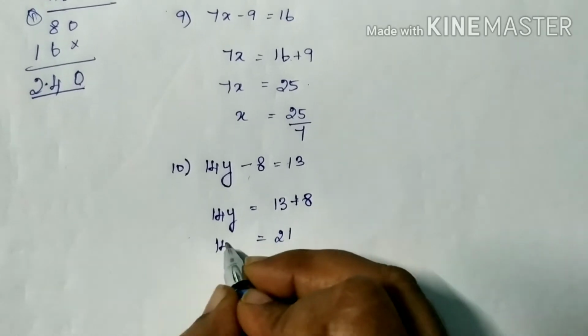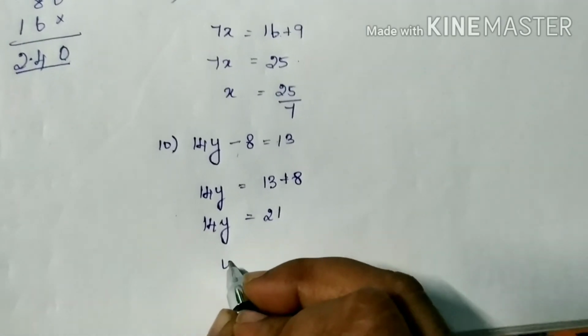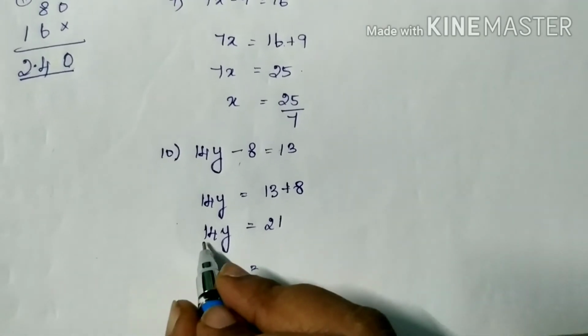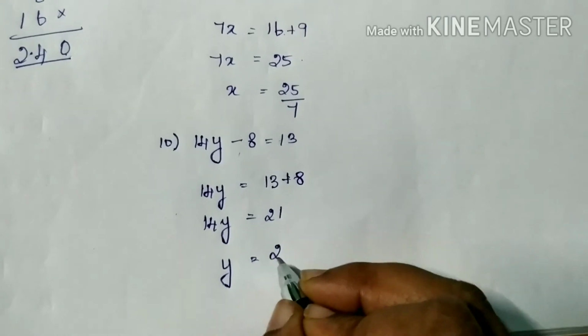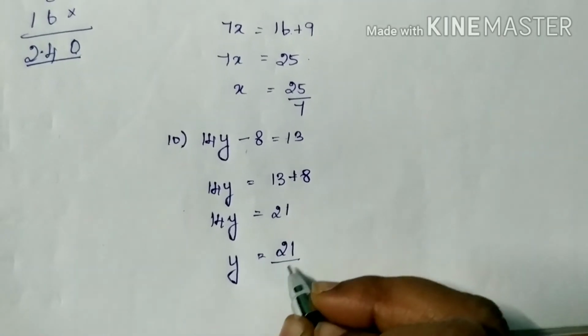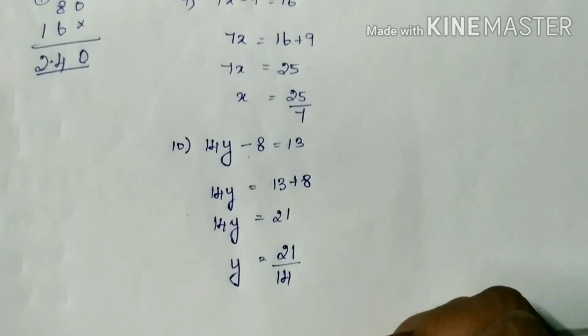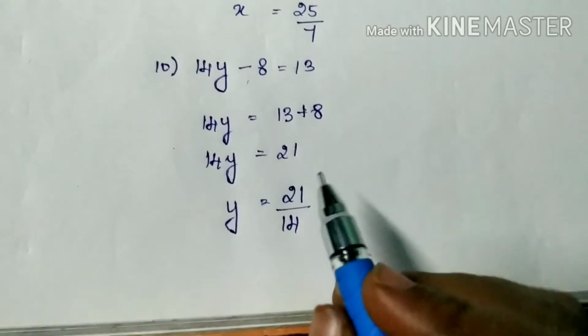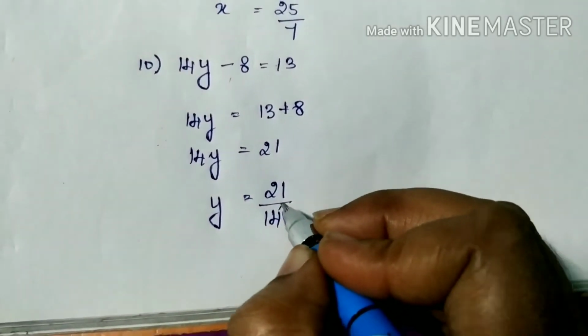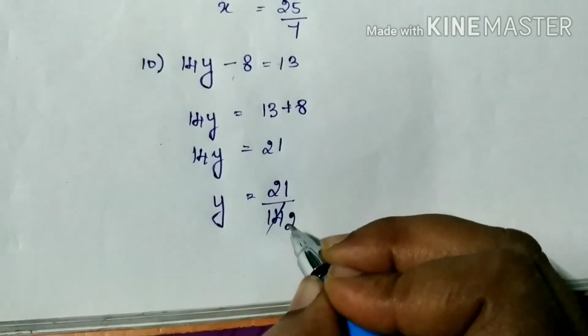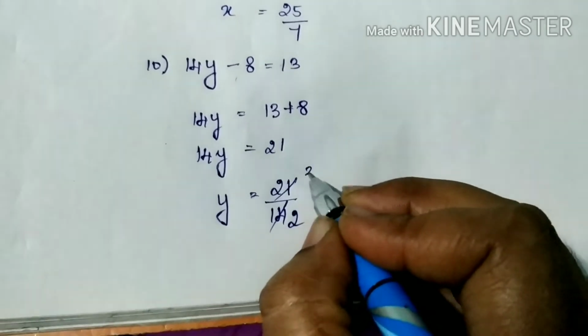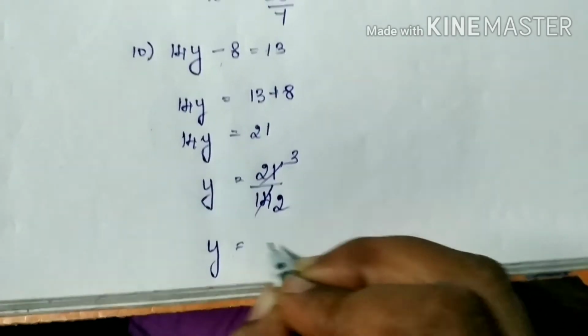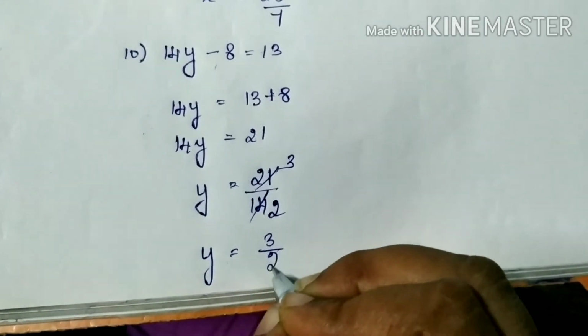So here 14y is already there. You have to find the value of y. This multiplication will come this side, means division. So 21 by 14. Both are also multiples of the 7 table. So if you cancel in the 7 table, 2, 3. So y is equal to 3 by 2.